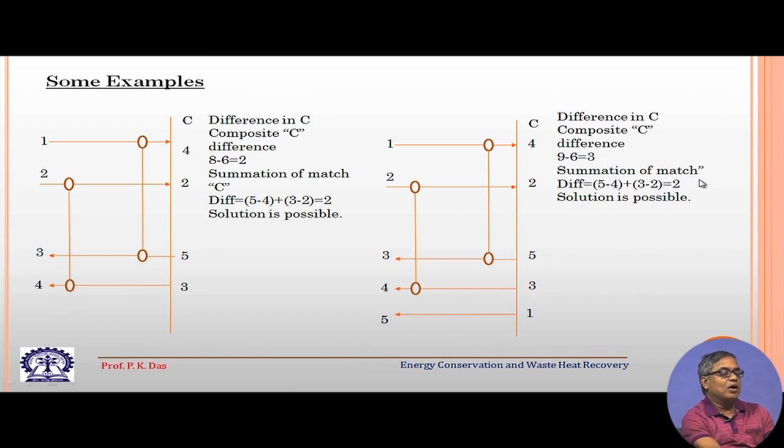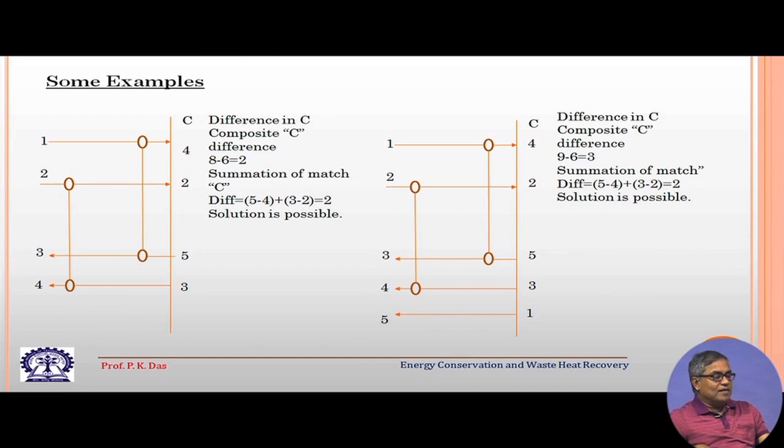And the summation of match: we are considering one match between stream 1 and stream 3, and another match between stream 2 and stream 4. In this case the difference is 5 minus 4, and in the other case the difference is 3 minus 2. So, this will be 1 plus 1, that is 2. Here also a solution is possible.